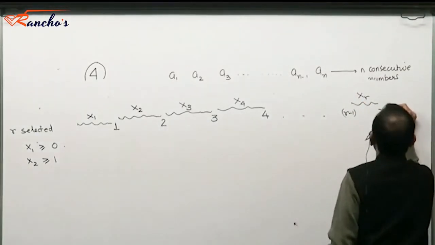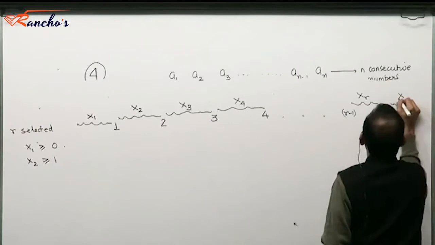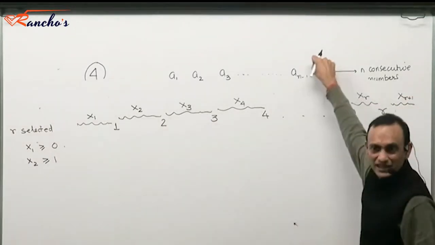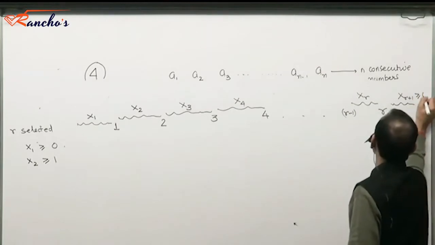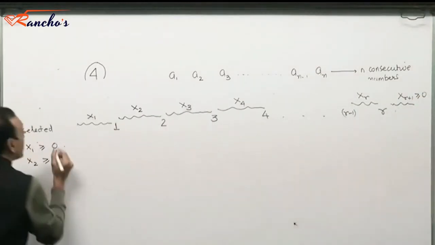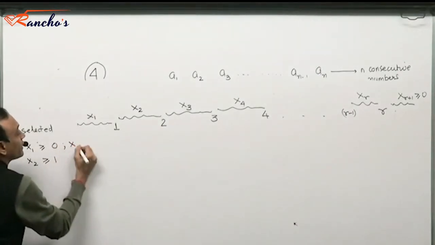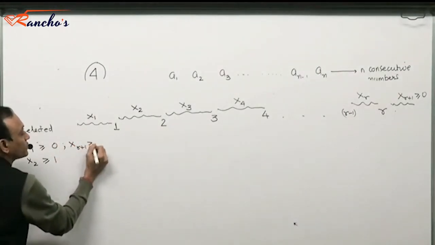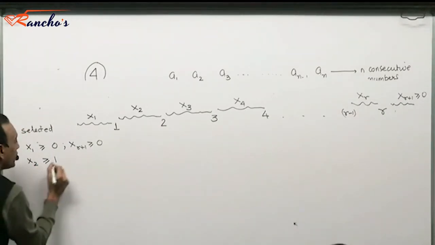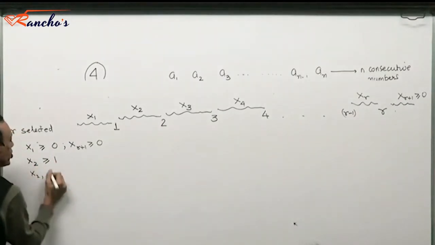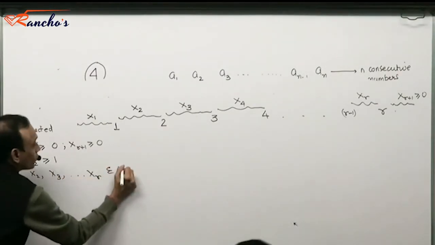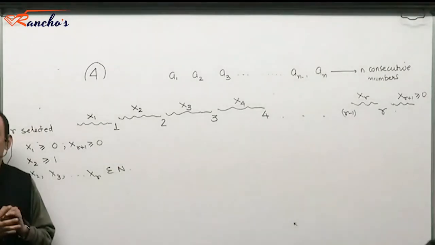And the number of numbers after r, suppose x r plus 1, can be a whole number, because this could be the last number in the sequence. So xr plus 1 will be greater than or equal to 0. Which means x1 is greater than or equal to 0, xr plus 1 is greater than or equal to 0, right? But x2, x3, xr, these are all natural numbers.